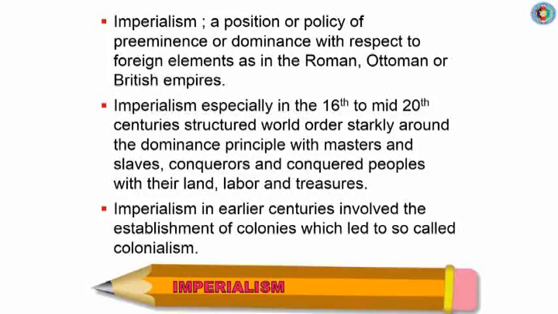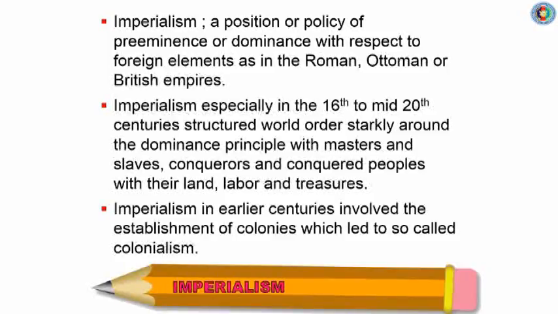Imperialism in earlier century involved the establishment of colonies, which led to so-called colonialism. It is an action to rule over a people or place through colonization's political power or military power.